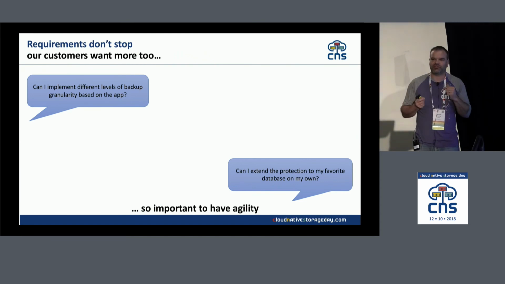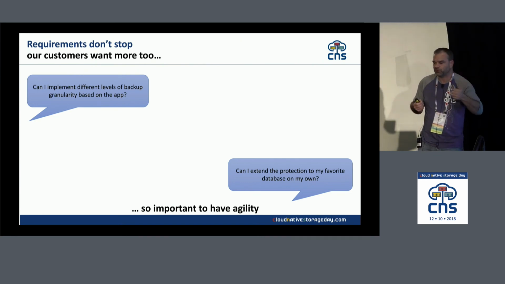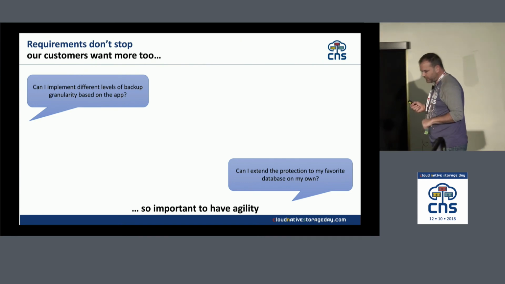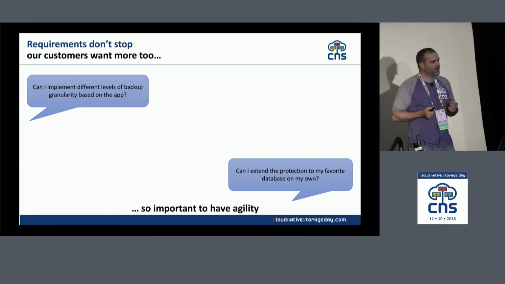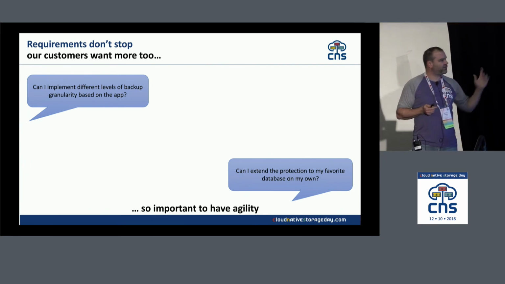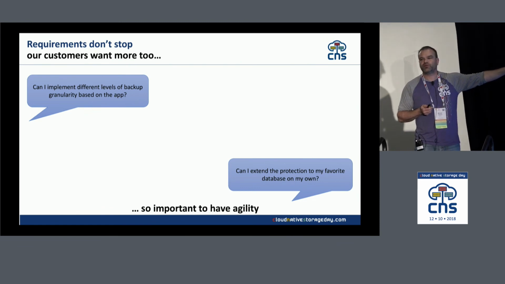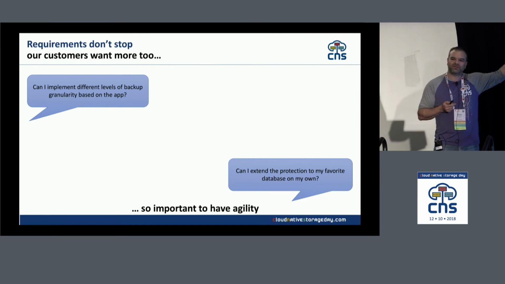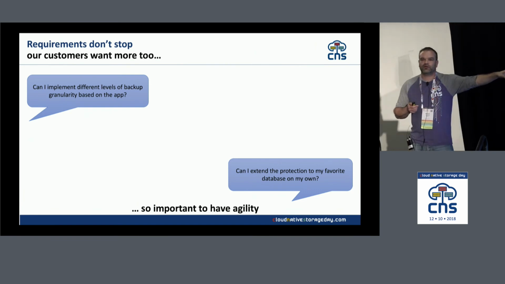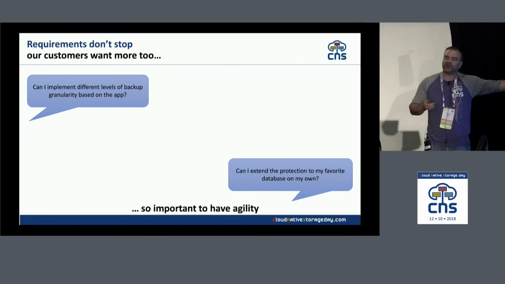But what is changing a lot is the requirements about migration, savings, and backup. For example, a requirement that you quickly meet when you have a real customer is how I can make a different retention policy depending on my application. Or, instead of an EBS snapshot, I prefer to make a MySQL dump.